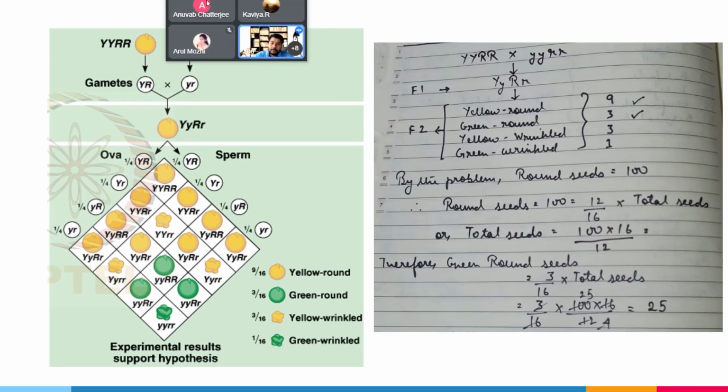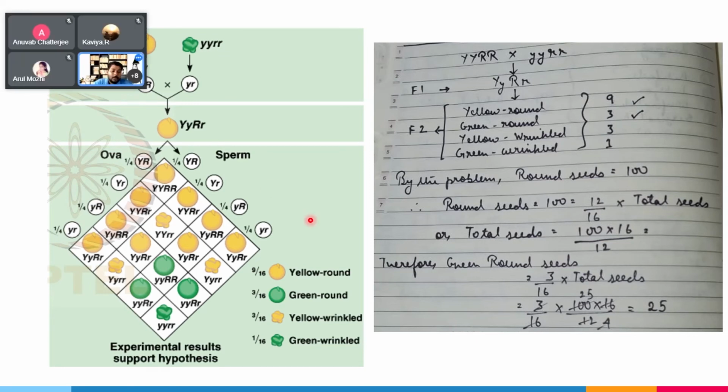Next, we look at the green seeds out of the total round seeds. They wanted to ask for green seeds out of the round seeds.